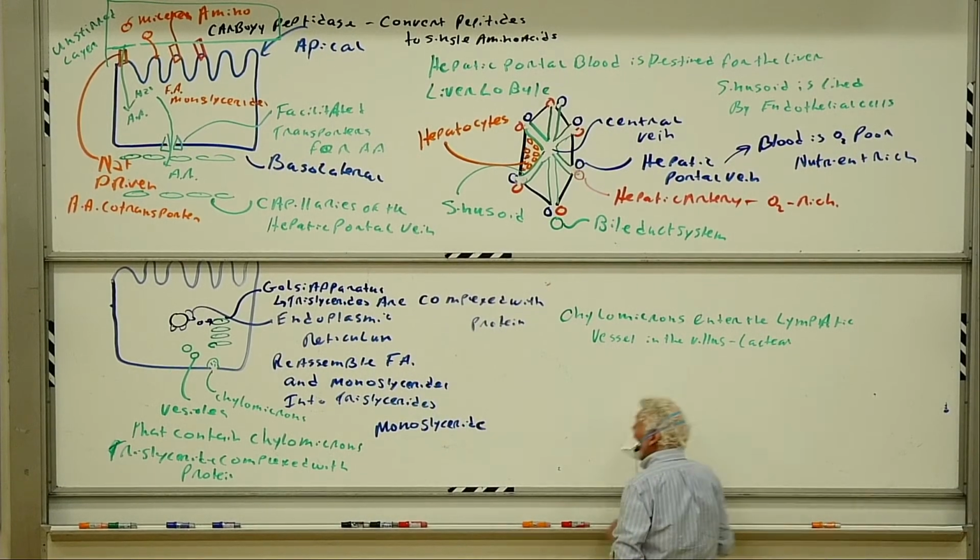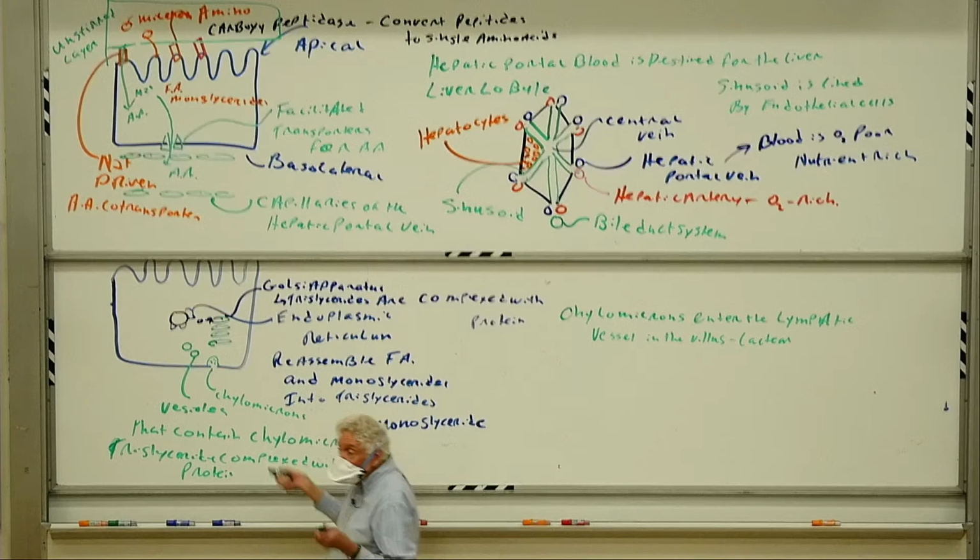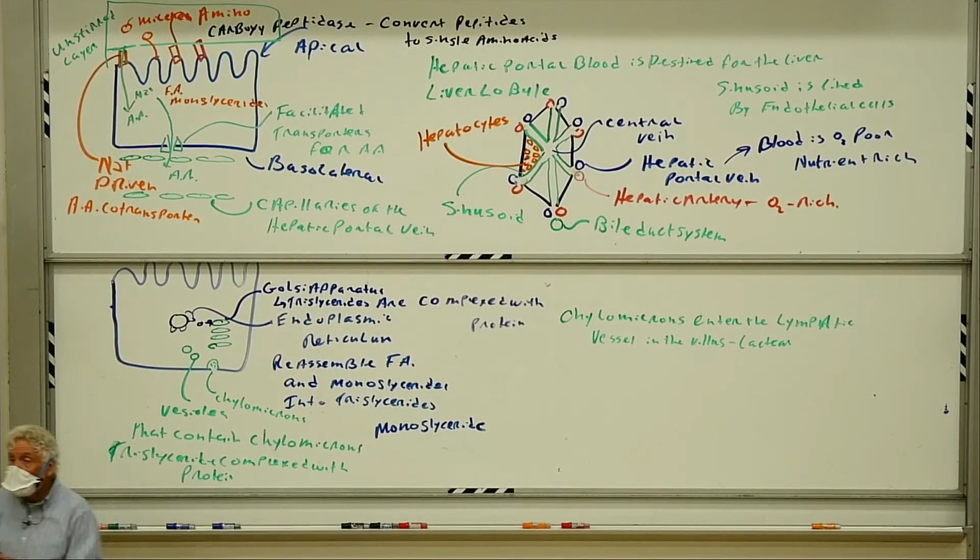Those chylomicrons are then carried in the lymph and dumped into the subclavian vein, like all the lymph. So it's just a lymph story rather than a blood story.